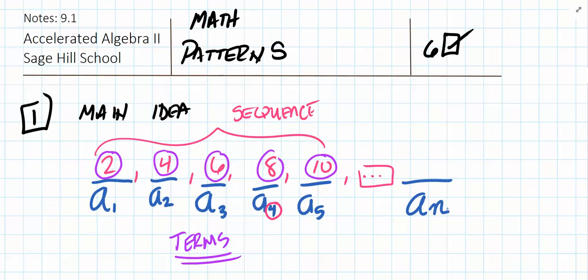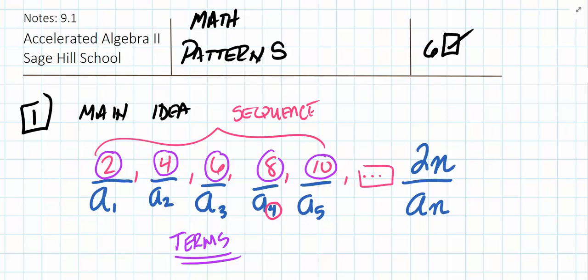A sub n would be the nth term. In this case, it's pretty easy to see that the way I'm generating my sequence is by taking the input and multiplying it by 2. So a sub n is just 2n. You need to get used to hearing these types of words and phrases thrown around.